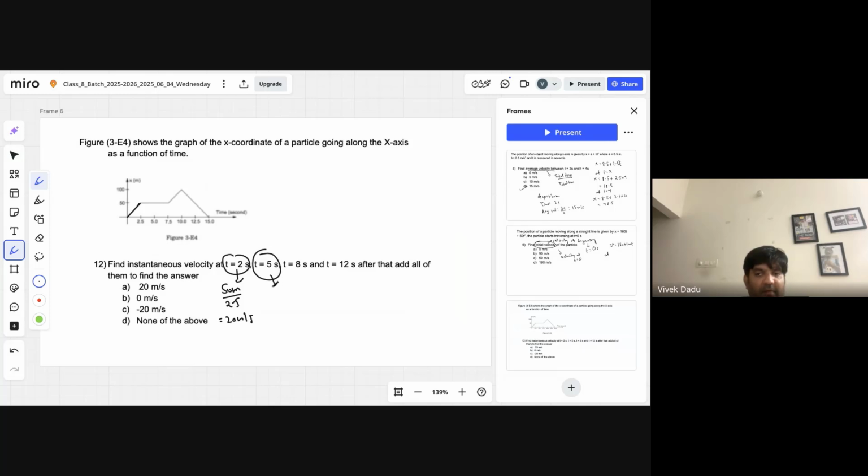Then t equal to 5. It is no, t 0, right? It's not moving at all. T equal to 8 seconds lies in this phase.